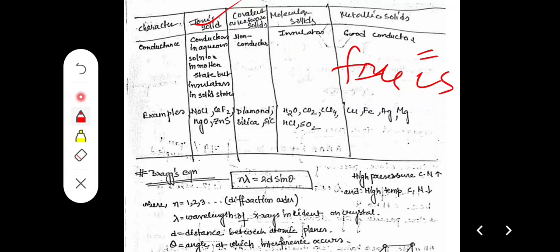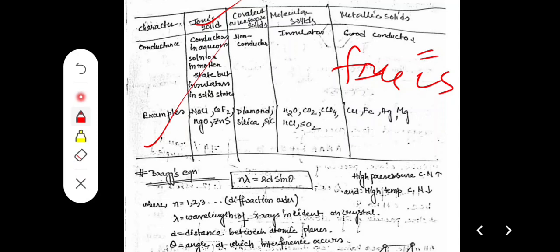Okay. Now we go to examples. Ionic solids: NaCl, CaF2 (calcium fluoride), magnesium oxide MgO, ZnS (zinc sulfide). Covalent or network solids: diamond. We know the diamond structure, an allotrope of carbon where all C-C single bonds exist, and it is the hardest material, and its price is very high. Also silica, SiC, and so on.